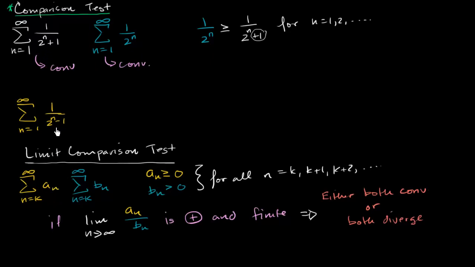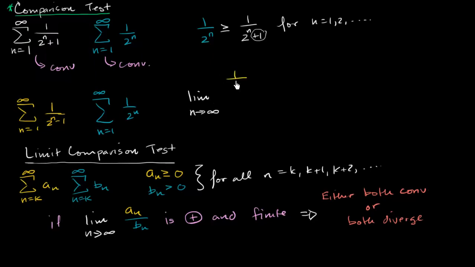Let's apply that right over here. If we say that our b sub n is 1 over 2 to the n, just like we did up there, we're going to compare these two series right over here. Notice it satisfies all of these constraints. So let's take the limit as n approaches infinity of a sub n over b sub n.